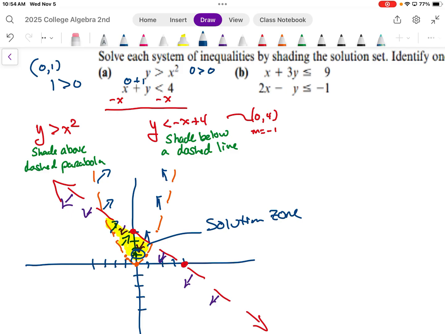But it gets a little bit trickier on the calculator, as you're trying to get the calculator to graph inequalities, but you can get them to graph inequalities. Like for example, if I typed in x squared and I typed in negative x plus 4.